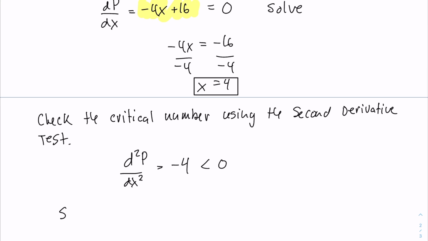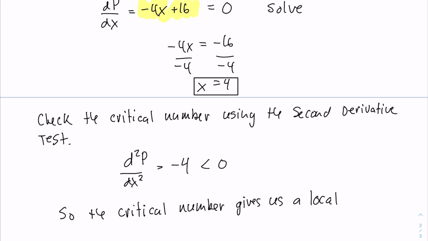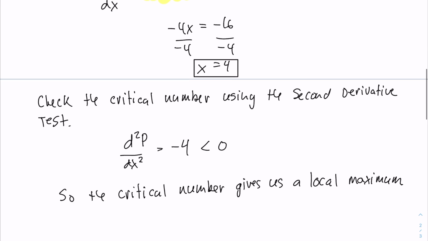So the critical number gives us a local maximum. Since this is the only critical number and it is a local maximum, it's the absolute maximum.